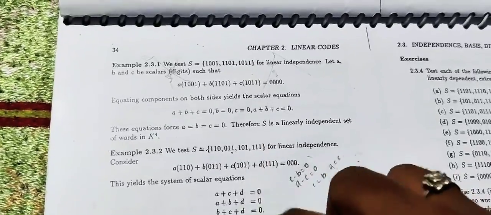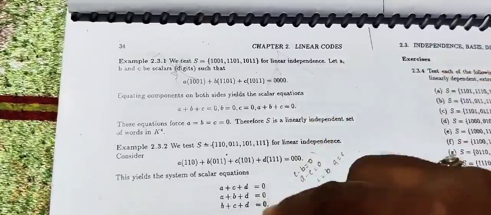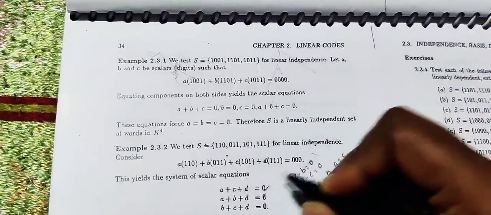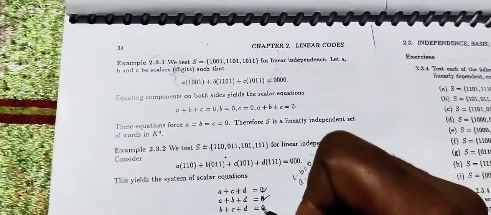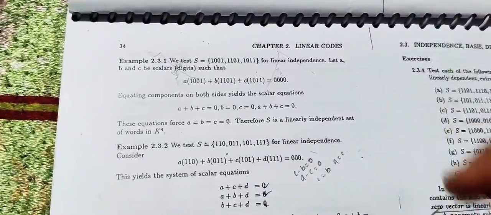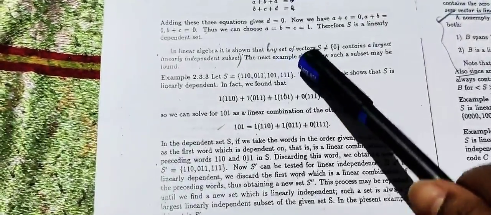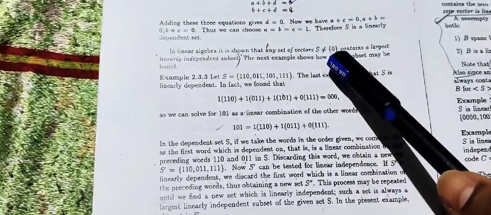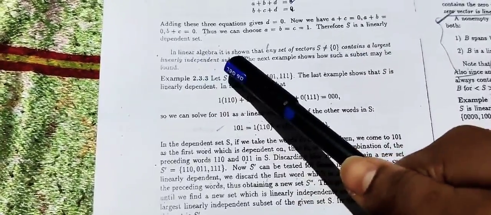Similarly, we can verify this example also. Consider the first two equations, then consider the other two equations, and 1 and 3. So we get the three equations in A, B and C and the possibilities. Okay, so you can read. And any set of vectors S not equal to singleton 0 contains a largest linearly independent subset.